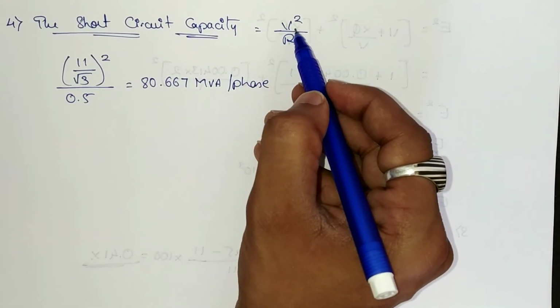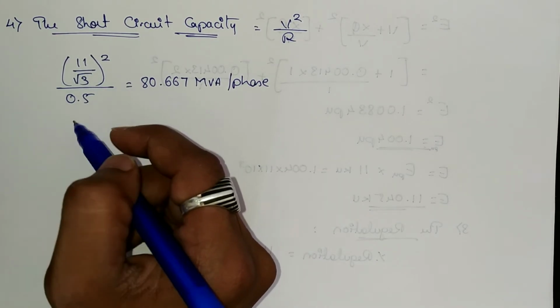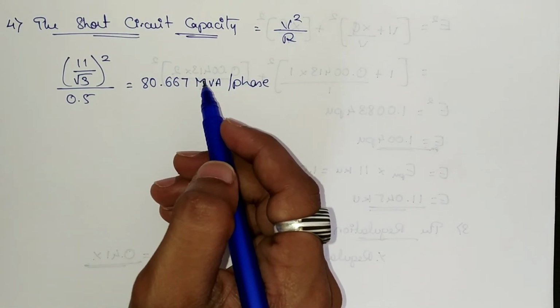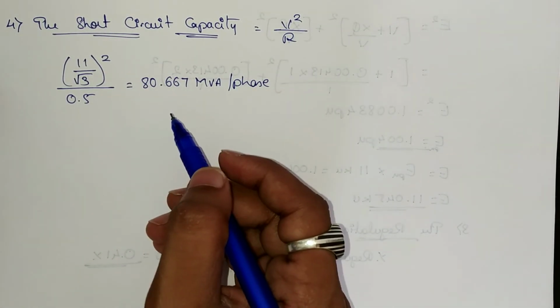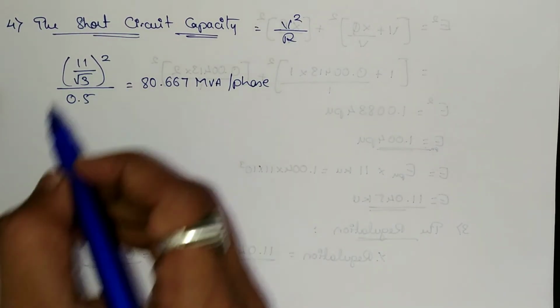Remember, here we have taken the receiving end voltage 11 kV. Okay, for an accurate short circuit capacity, it would be better if we use the sending end voltage.